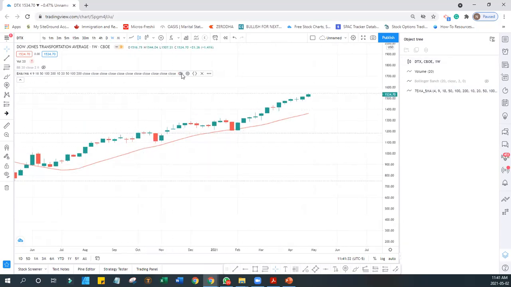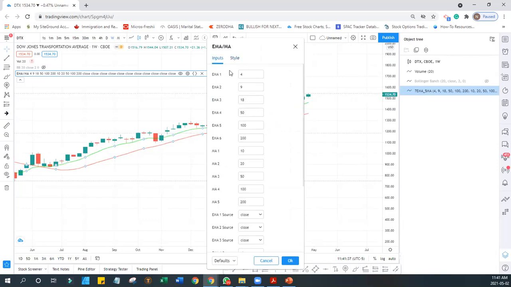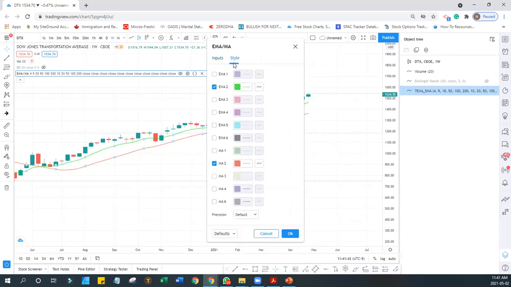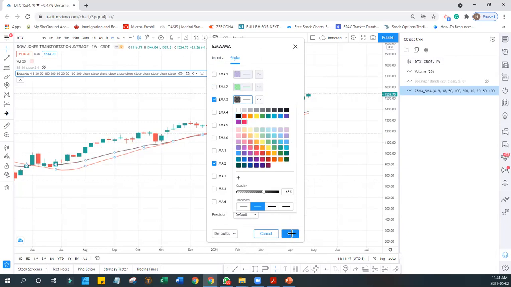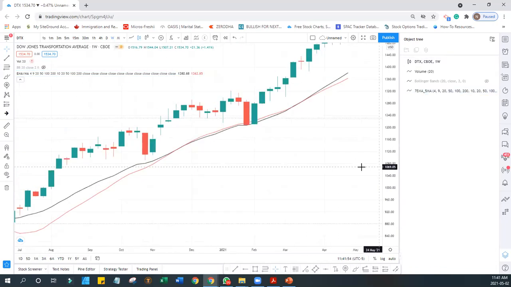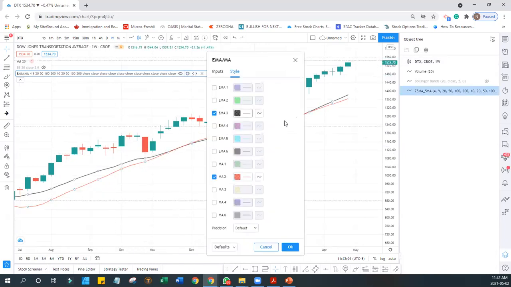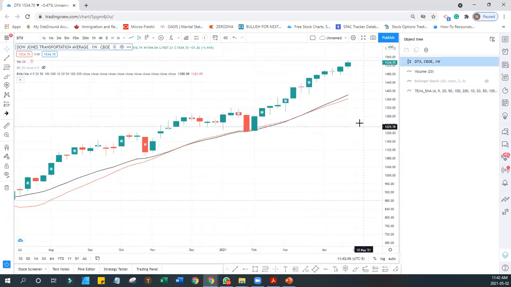This is a 20 moving average, and I'm going to change this one to 20 as well, and change it to the black one. I'm just going to give you an update regarding the exponential moving average and simple moving average. The black part is the exponential moving average, EMA, and the red part is the simple moving average.